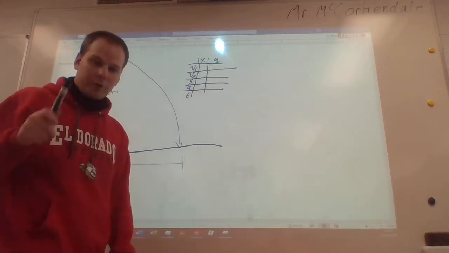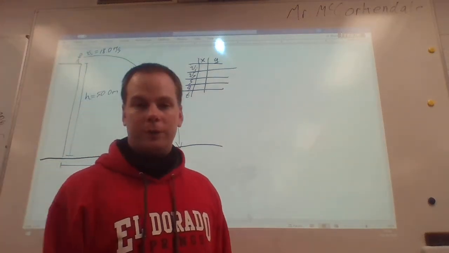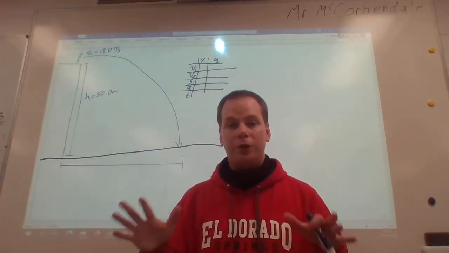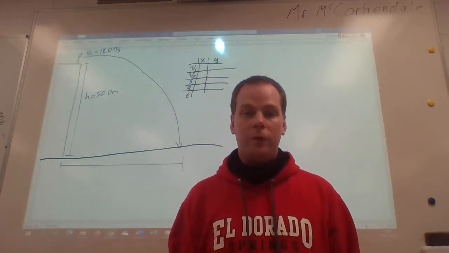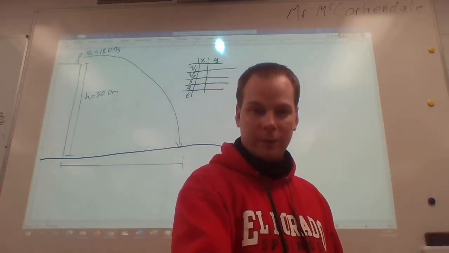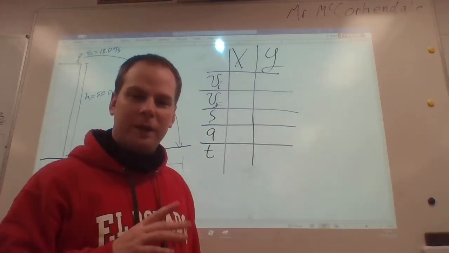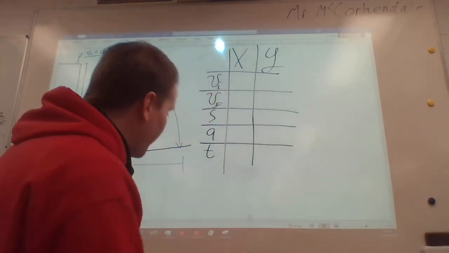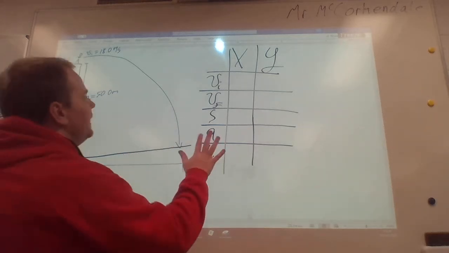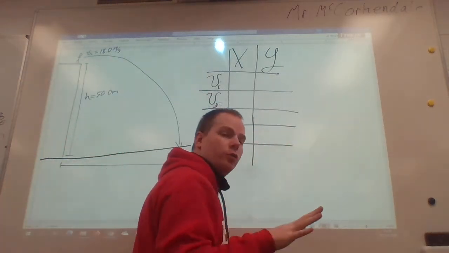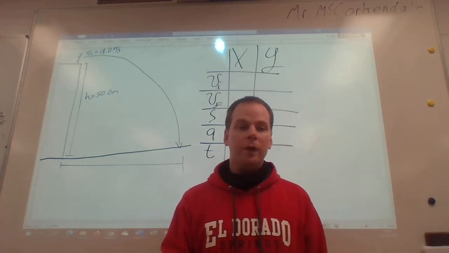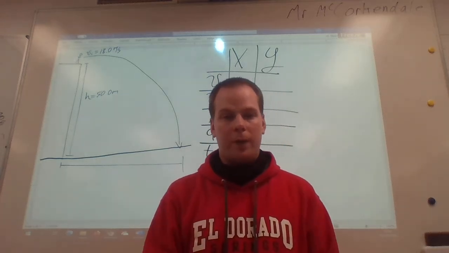Now, we're talking about projectile motion, which means that we have motion in 2 dimensions, and that table's too small. Hang on, I'm going to pause this and make that table bigger. All right, that might be a little excessively big, but we're going to deal with it. So we need to recognize that motion in 2 dimensions is measured separately.